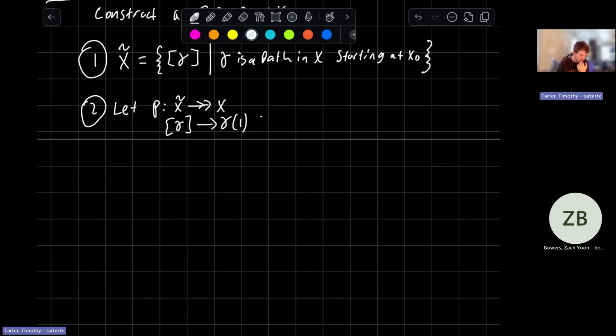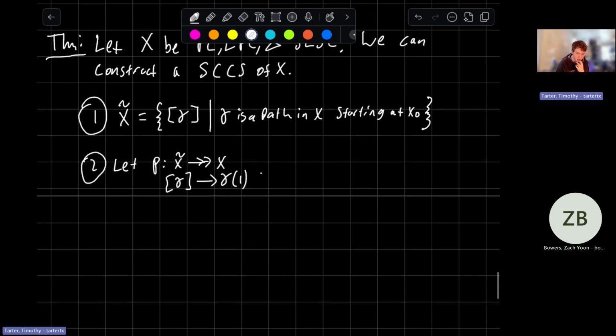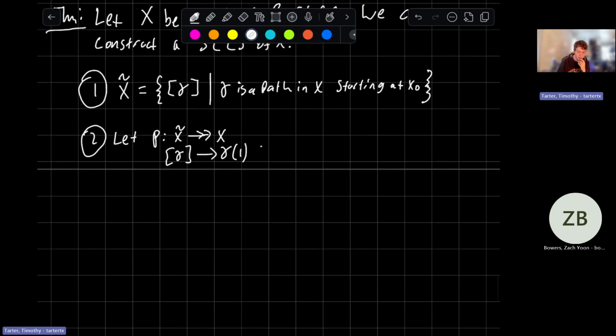Before we define a topology on this space, we make a few preliminary observations.